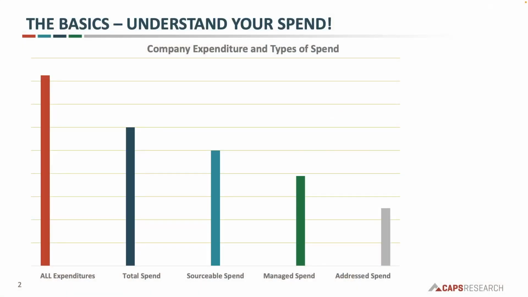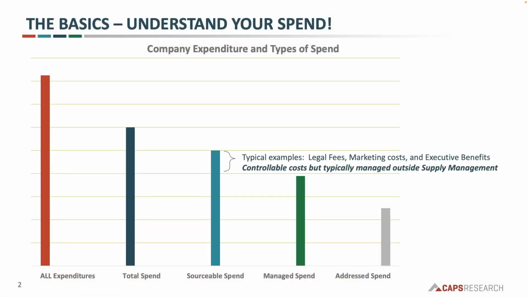The next segment is sourceable spend. This is where we really begin to touch the piece that your organization can affect and influence and control. Now, there are a couple of nuances here important to understand, such as legal spend, marketing spend, and some other types.